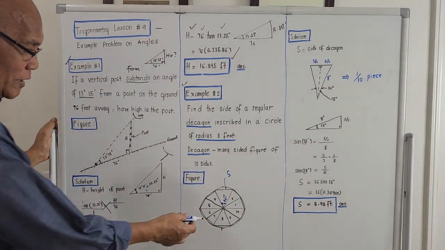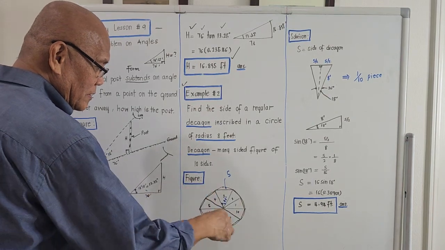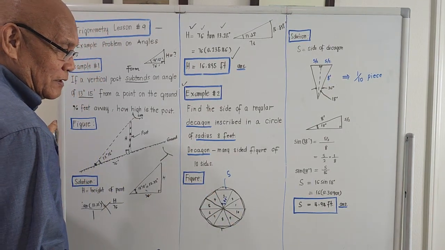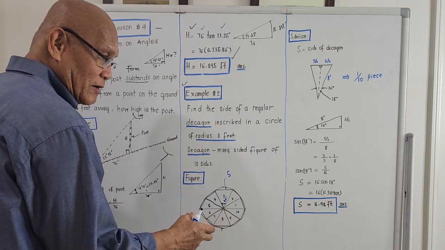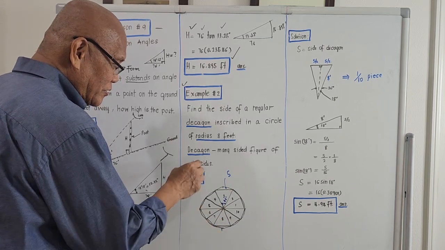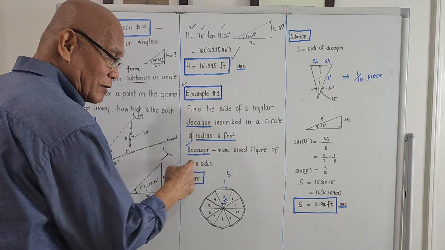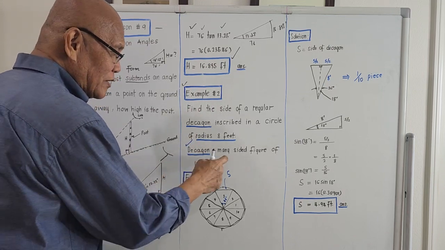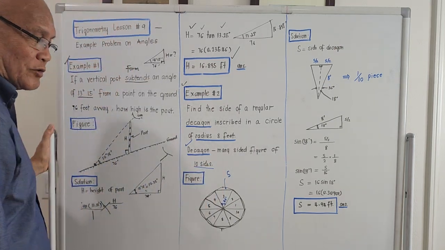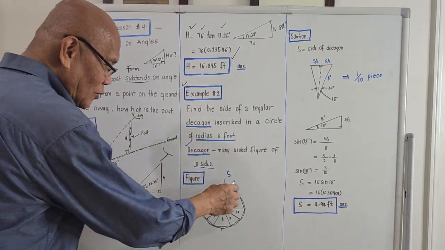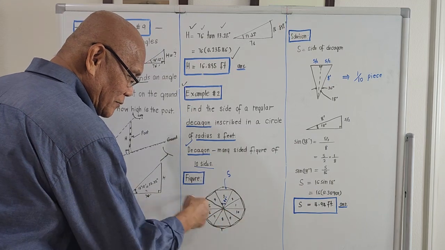So it seems we are given a picture, right? And the picture was sliced into 10 pieces, because a decagon is actually a many-sided figure of 10 sides, right?